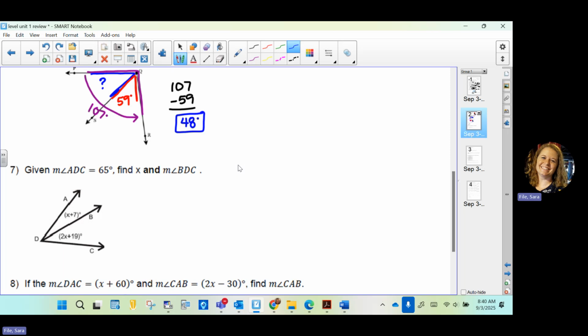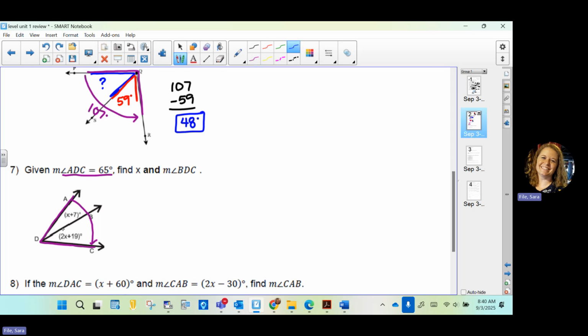Okay, so here's one, angle addition again, except this time it's with algebraic expressions instead of just angle measures. So it tells us, given the measure of angle ADC, that's the big one, right? If I connect that, and I meant to do that in purple. So A to D to C, that's the whole big thing, isn't it? Is 65. Okay, and then they want us to find X and the measure of BDC.